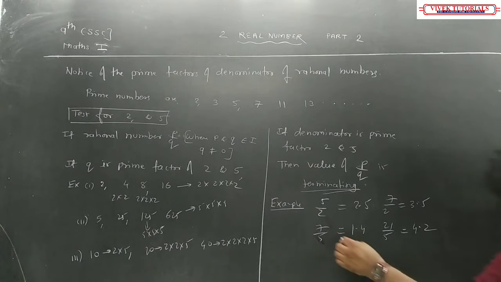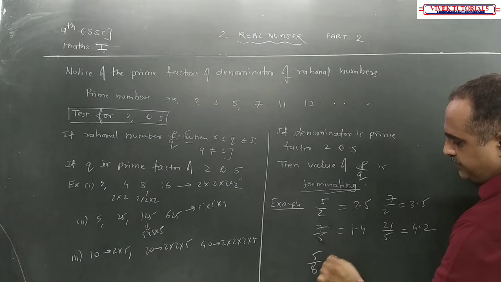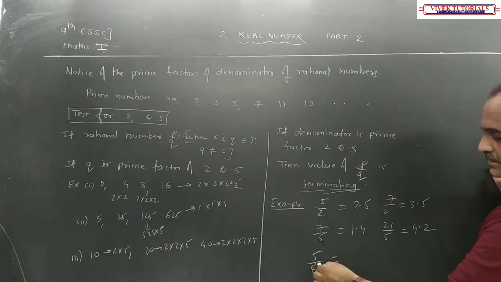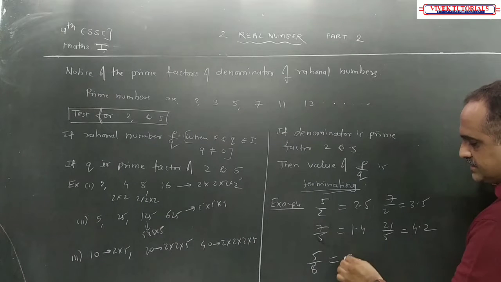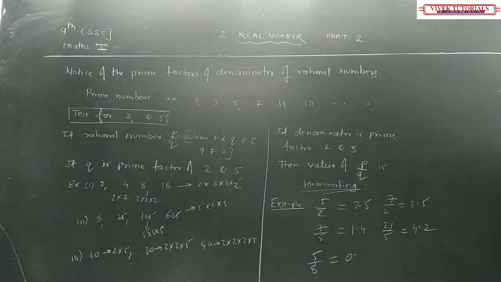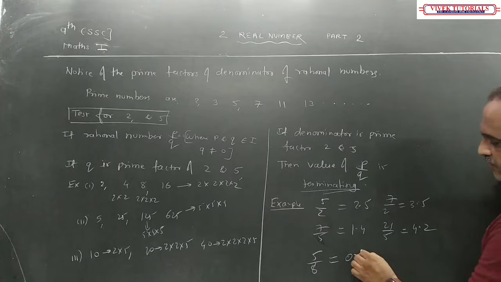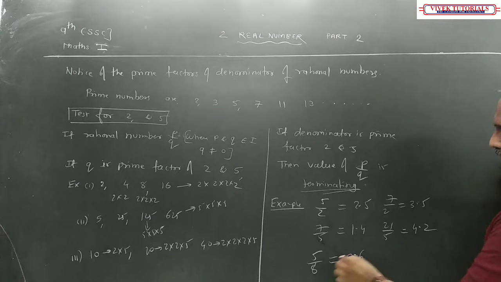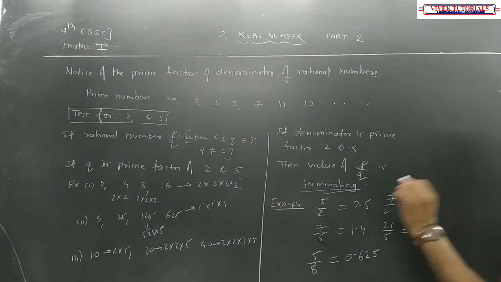Or suppose I take 5/8. Then also what will happen? 0.5 becomes 50. 50 means 8 sixes are 48. What is left? 2. So 8 twos are 16 and 5. This will be the answer.